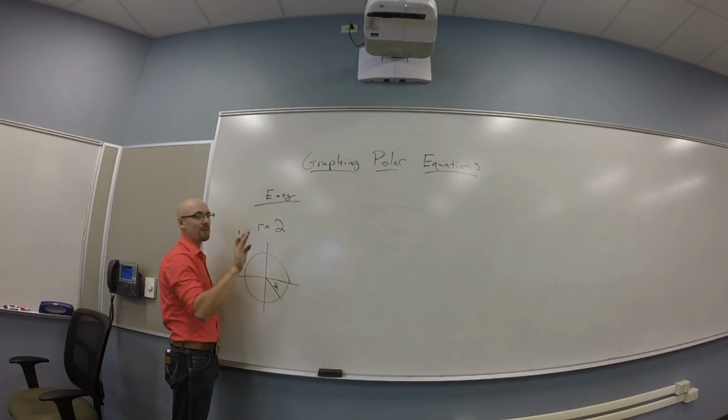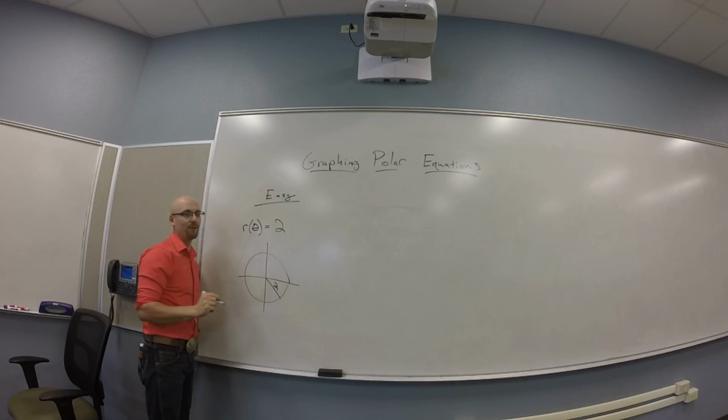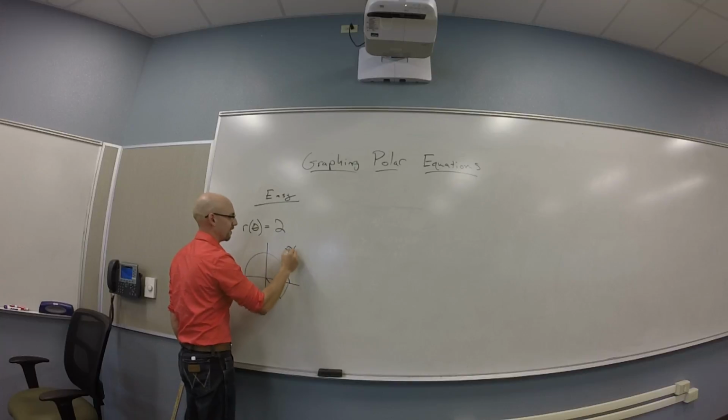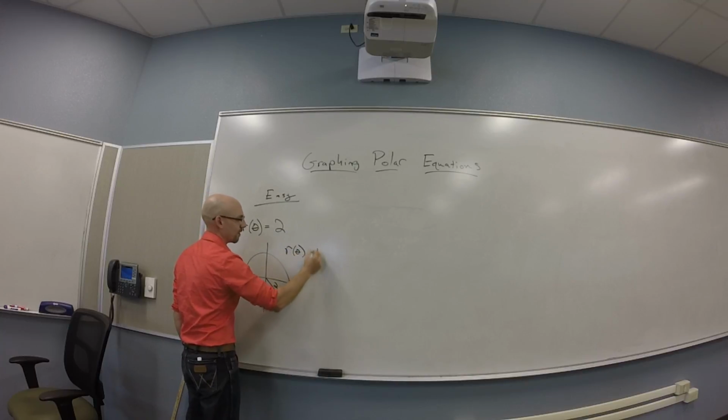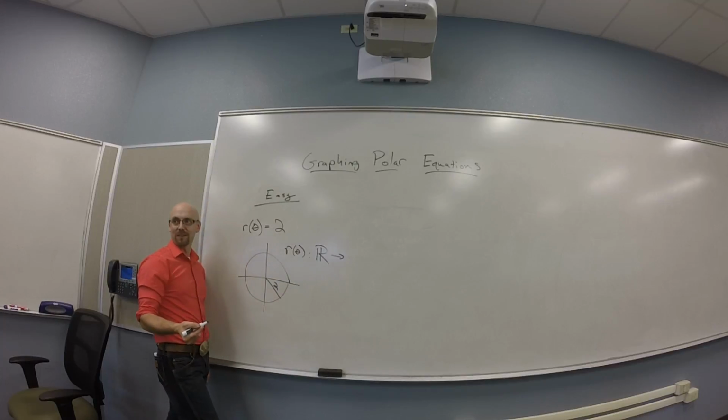Okay, so if I thought about this thing as a function, I would be thinking this is r of theta is 2, right? And so the domain of this function is all real numbers. You guys see that?